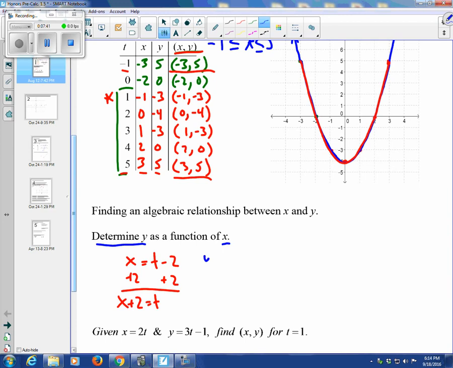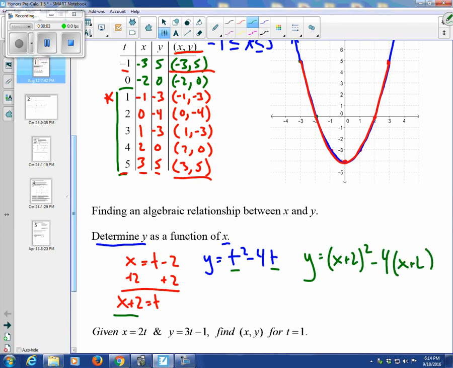So we've got y as t squared minus 4t. So we've got to plug in that x plus 2 in 2 places. So that'll give us y equals x plus 2 squared minus 4 times x plus 2.